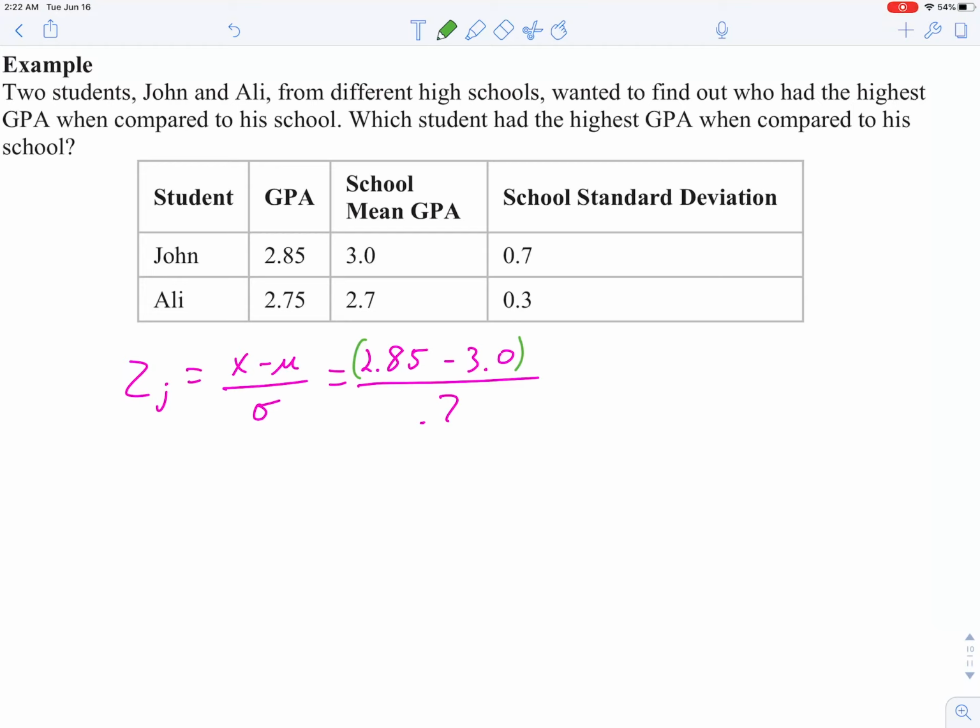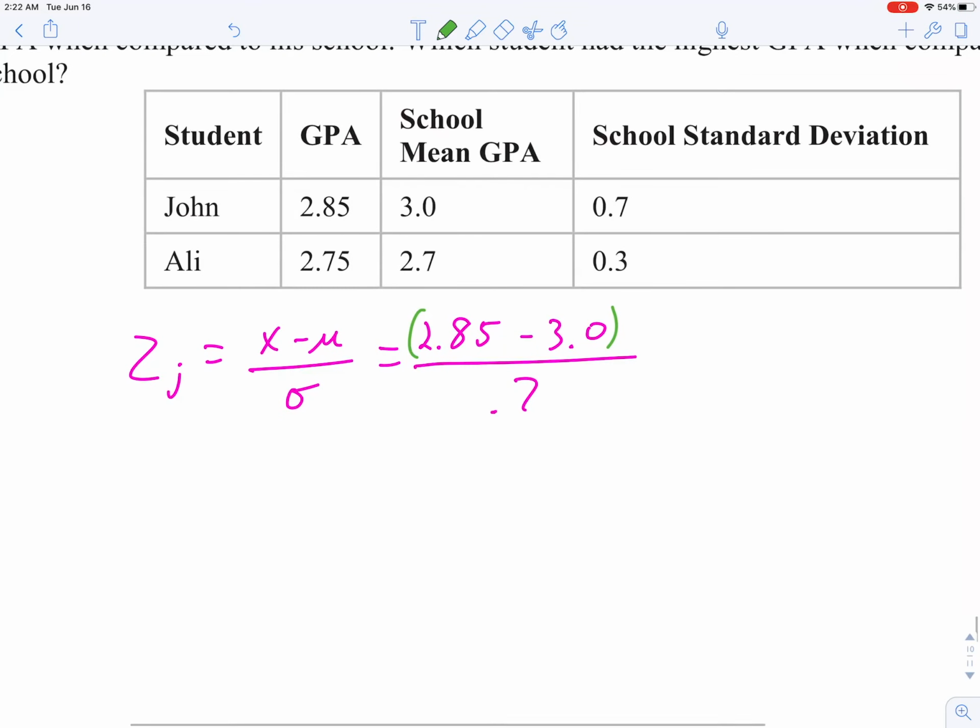Now, this is important, very important when you make this calculation. Students mess this up all the time. You have a numerator with addition, or in this case, subtraction. You need to put, if you're going to type it directly into your calculator, parentheses around the numerator, like I just did in the green here. Or just do that calculation first, do the numerator first, hit enter on your calculator, then divide by 0.7.